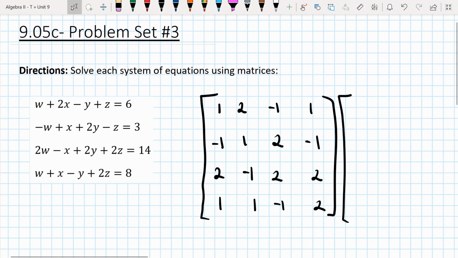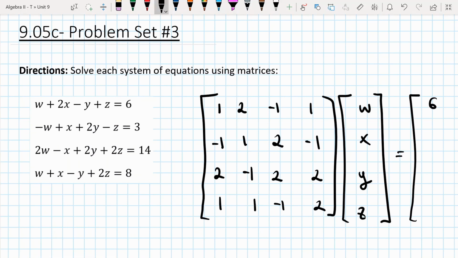And so this is a 4 by 4. And then the 4 by 1 matrix we're going to multiply it by is W, X, Y, and Z. And this is equal to 6, 3, 14, 8.